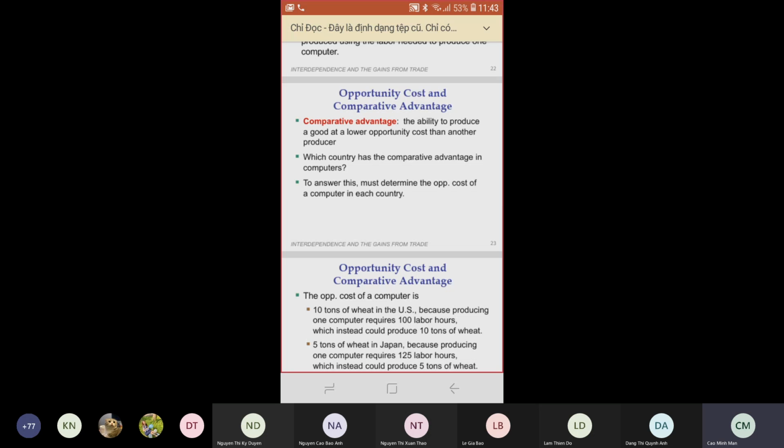This is the summary. Because 1 divided by 10 is lower than 1 divided by 5, the opportunity cost in producing a ton of wheat in the US is lower than the opportunity cost of producing a ton of wheat in Japan. So we conclude that the US has comparative advantage in producing a ton of wheat.